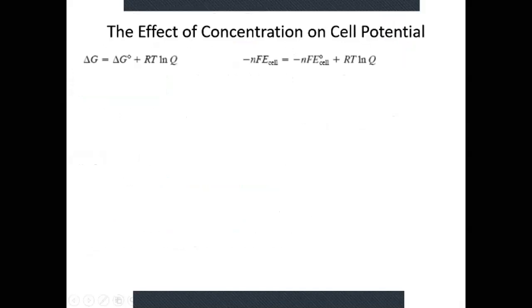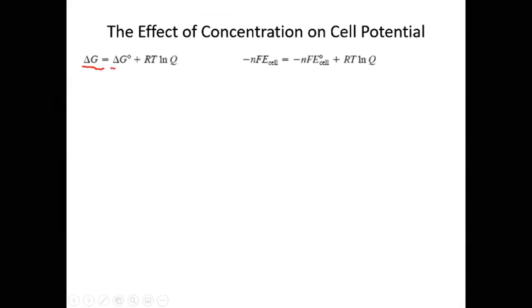Now, how does concentration affect cell potential? In the previous chapters, we learned about calculating delta G at non-equilibrium conditions. So we're going to take that equation, and everywhere we see delta G, we're going to substitute in negative nFE of cell. That helps us derive what is referred to as the Nernst equation.